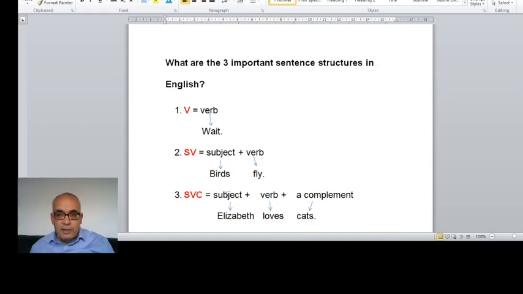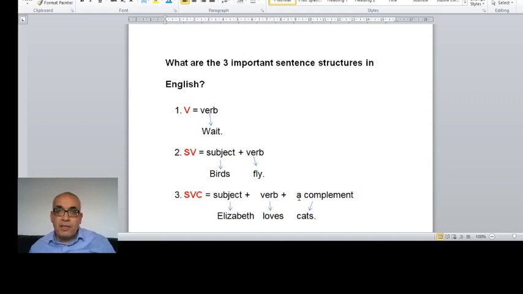So S is subject, V is verb, C is complement. So the subject is Elizabeth, verb, loves, complement is cats.